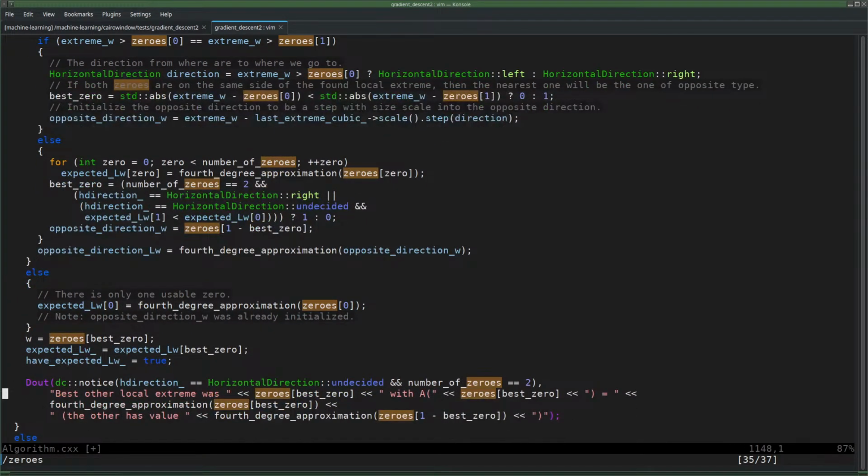The thing is that what I store in the zero is a W value. So it might be the zero of the quotient, but at the same time it's the local extreme of the fourth degree polynomial. So it's both an extreme and a root at the same time, depending on which function you look at.